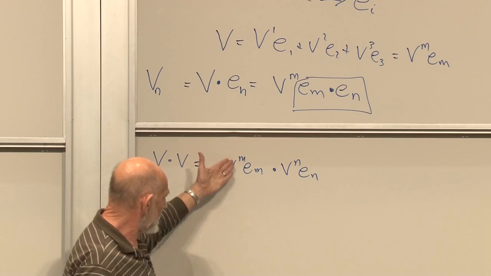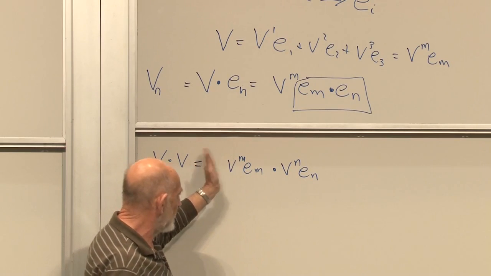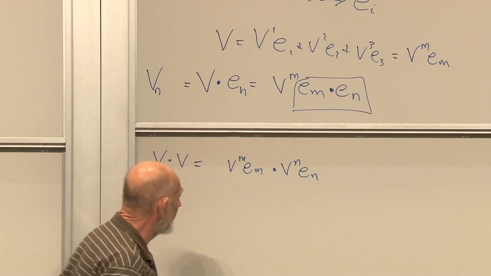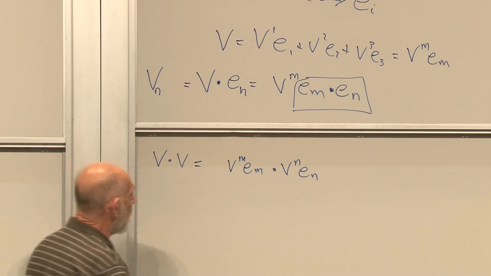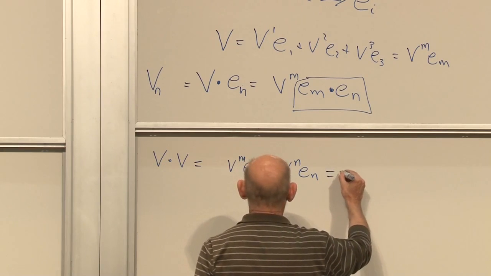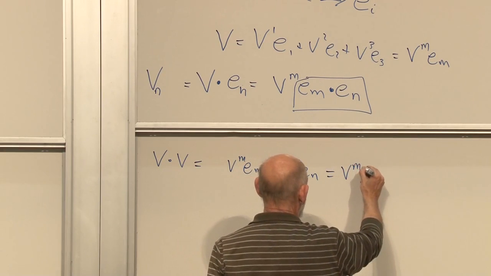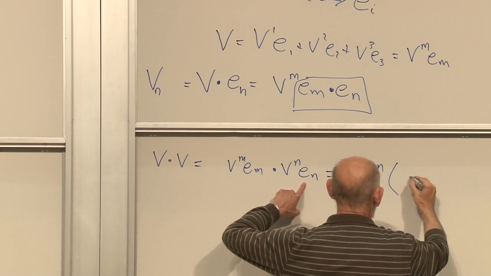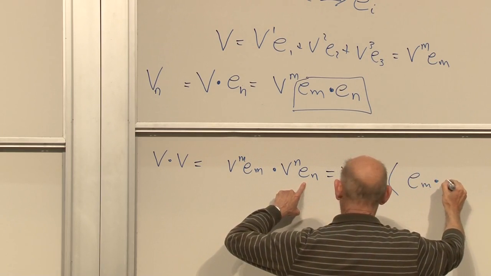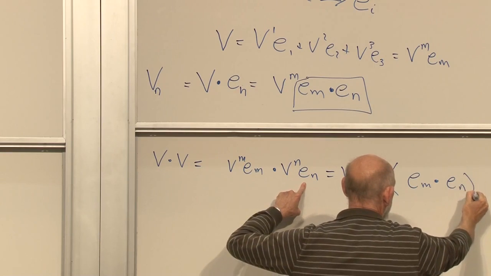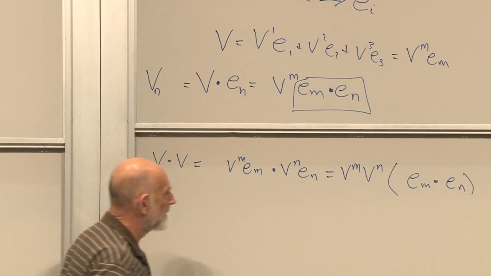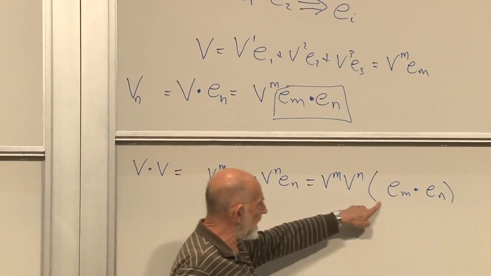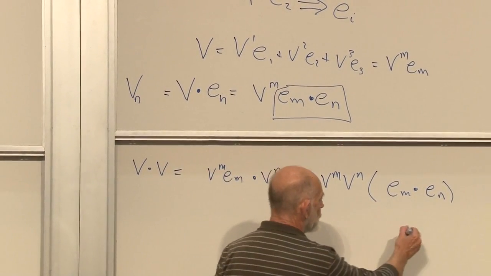This is V^m E_m. This means V^1 E1 plus V^2 E2 plus V^3 E3 times V^1 E1 plus V^2 E2 and so forth. Okay? But now I can write this in the form V^m V^n times the quantity E_m dot E_n. Let's call this quantity E_m dot E_n, let's call it g_mn.